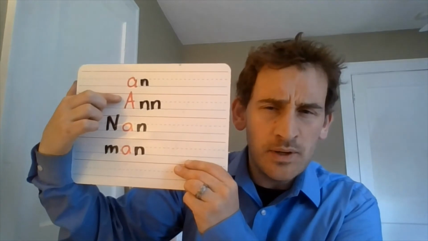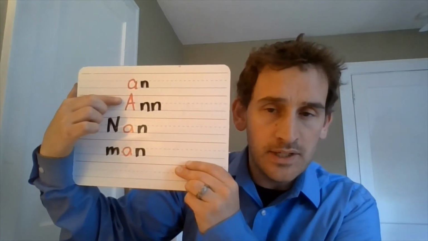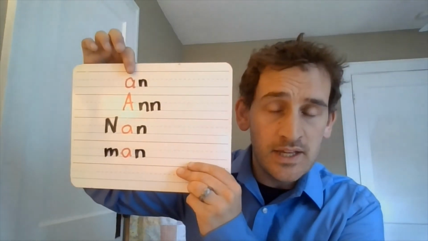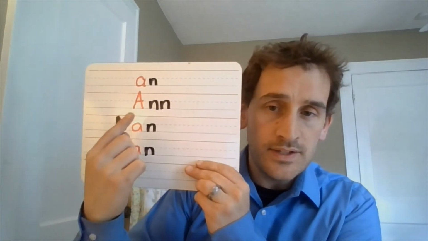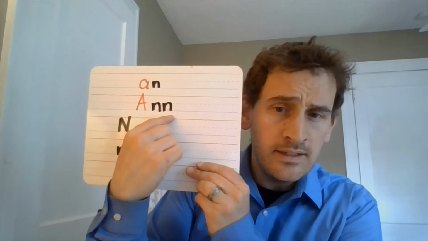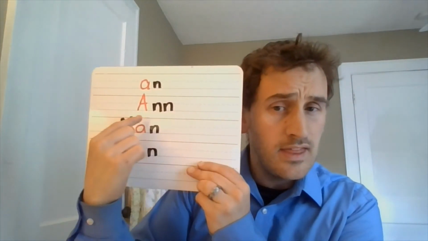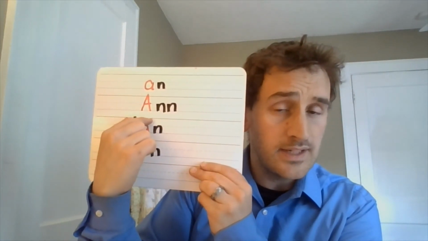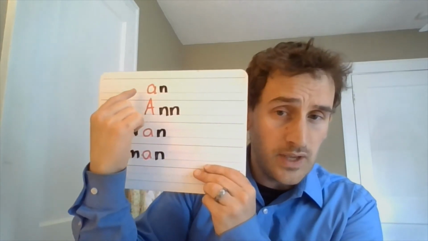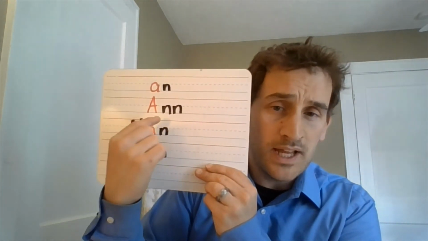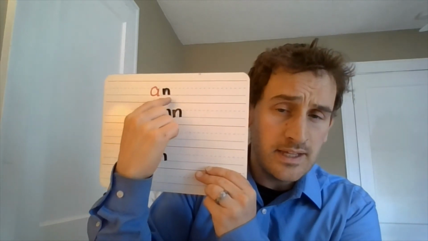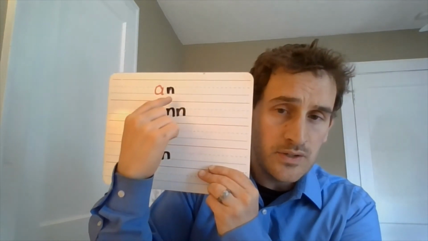Why is this one uppercase? Well, I'll tell you soon. Here we go. Let's sound out these sounds. An. Look at this. Two N's. This is still the same sound, 'an'. So even though these look slightly different, the double N is pronounced the same. N is pronounced the same as two N's.